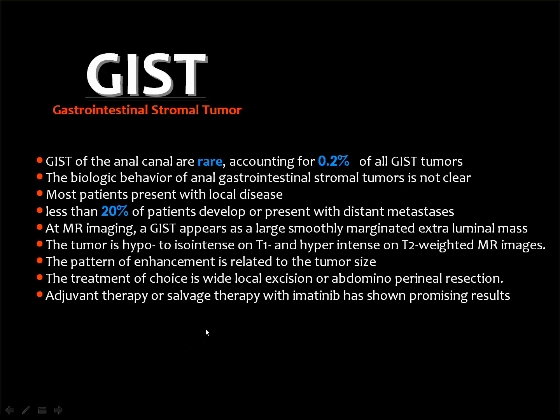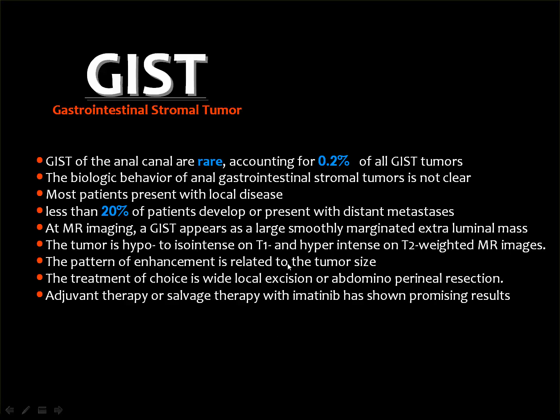You remember, GIST from the lecture of the rectum is a bulboid lesion, which is a smoothly marginated extraluminal mass, in contrast to rectal cancer, which is a circumferential lesion with irregular infiltrative margin.